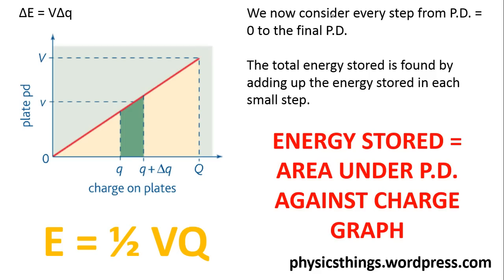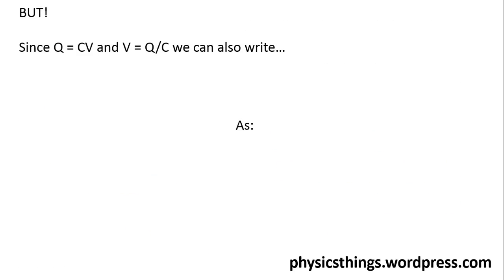And from that I get my energy equation. E equals a half VQ, or a half QV. Depends on how you'd rather remember it. But because Q is equal to CV and V is equal to Q over C, we can actually rearrange those equations.